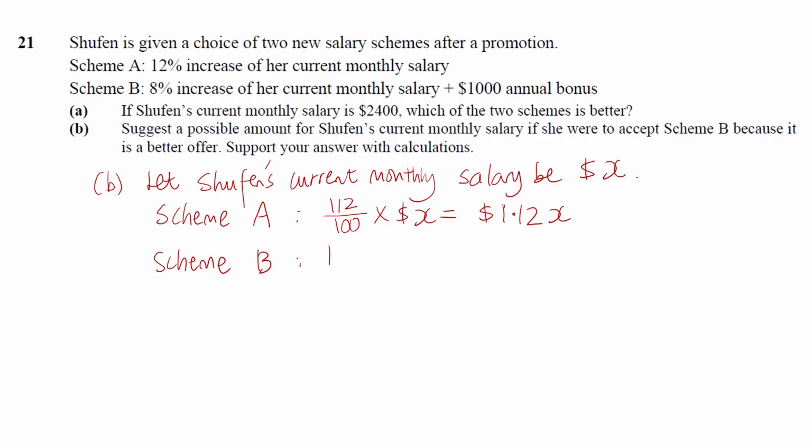So that will be 108% times X dollars plus your 1,000 divided by 12 months, right? So that will give you 1.08x plus 83.33.